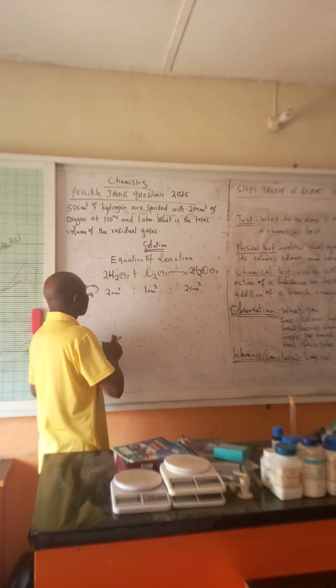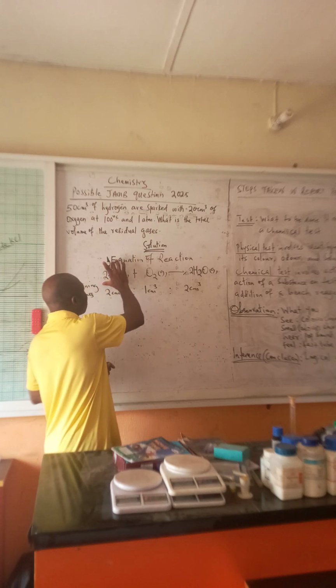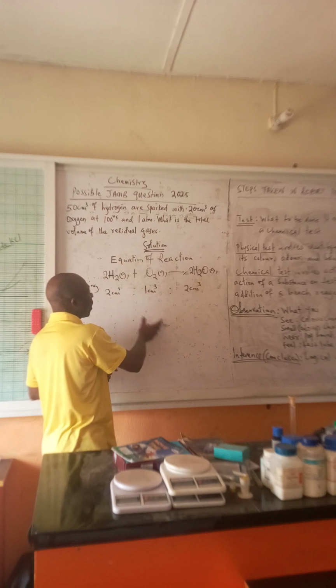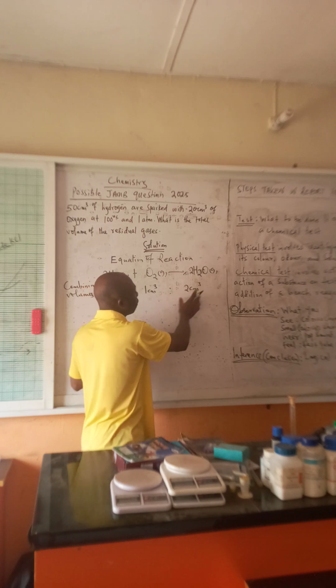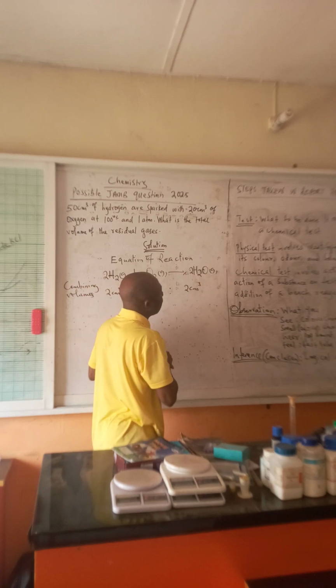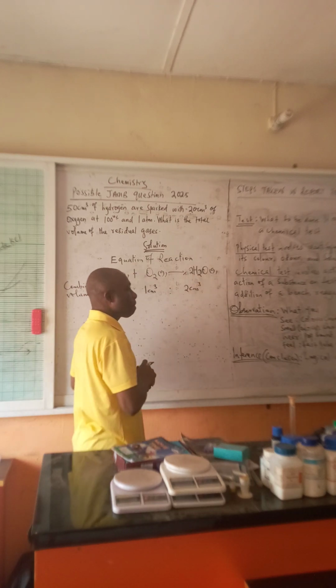So which means that 2 cm cube of hydrogen gas reacted with 1 cm cube of oxygen gas to give you 2 cm cube of steam.